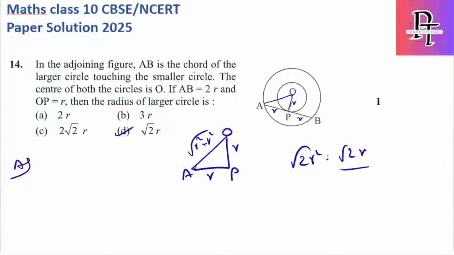As they are concentric circles, AP should be exactly half of AB. Okay, let's move to the next one.